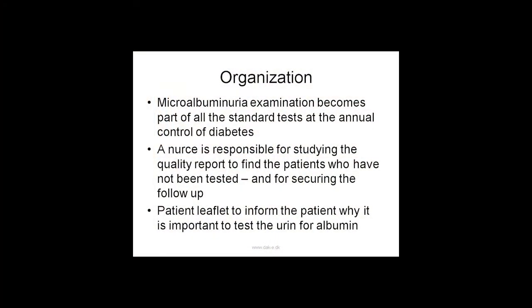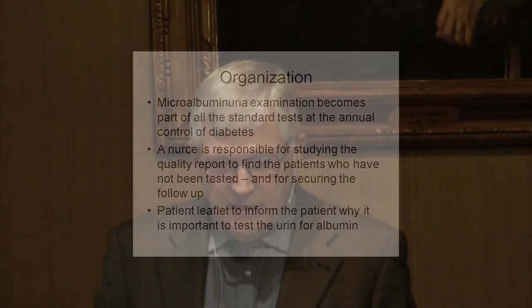And the organization: microalbuminuria exams become a part of the standard test for the annual control of diabetes. A nurse is responsible for studying the quality reports to find the patients who have not been tested, and for securing the follow-up. Patients should also know why it's important to get the urine tested for albuminuria.